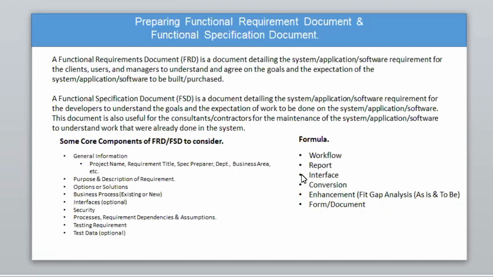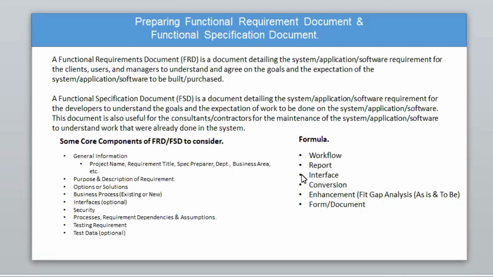Okay, so let's take those keywords there. Well, the takeaway here is that FRD is the document that is used to show the system requirement for either a client, an organization, a user, or a manager on the goals of that application for them to agree on, and the expectation they want from that application.